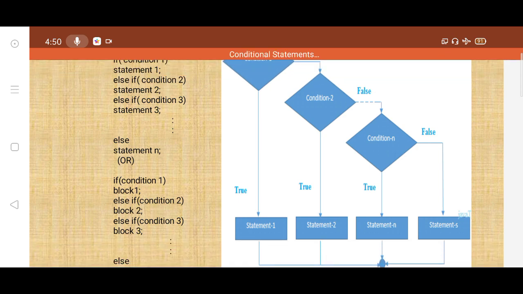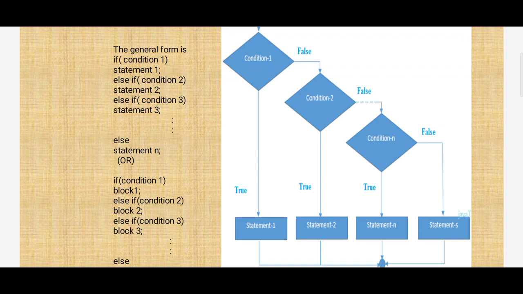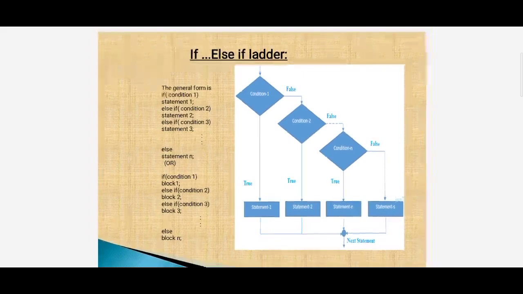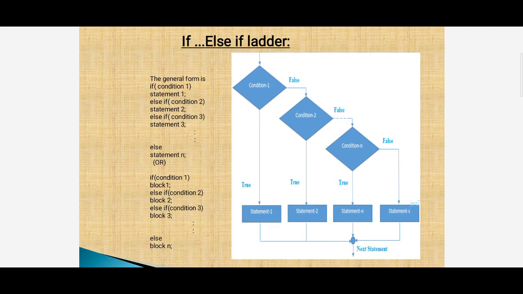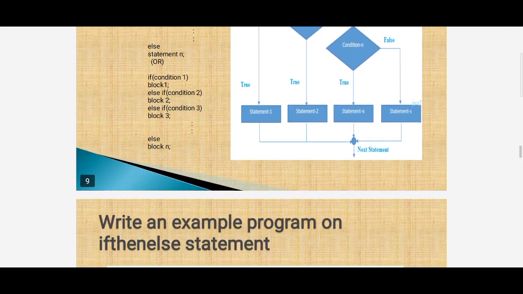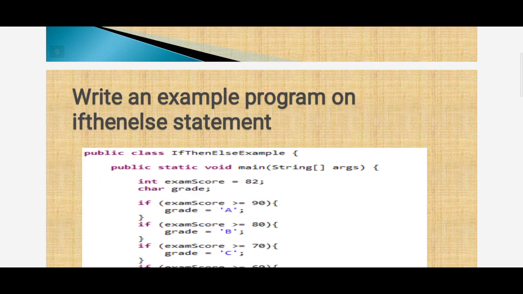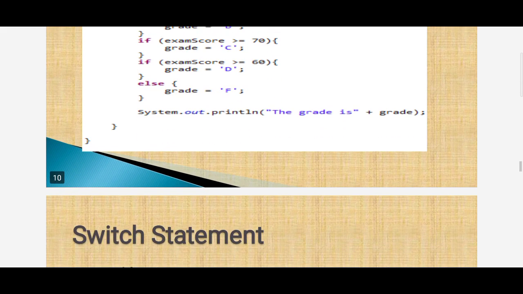If condition 2 is true, go to statement 2. If condition 2 is false, go to condition 3. If it is true, go to the statements. This is the if else if ladder. This is an example for the if else ladder.